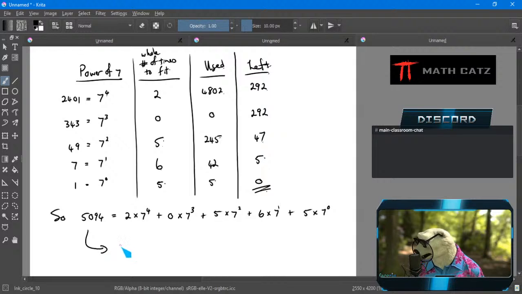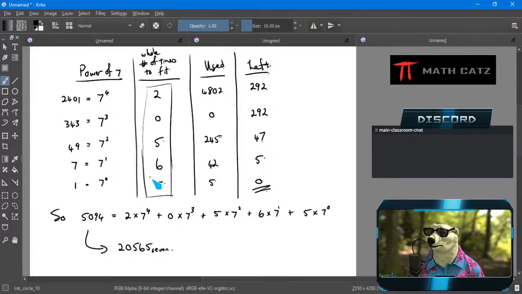Therefore, the base 7 number is 20565 base 7. So it's really this column over here that tells me the place values, but I need to systematically have a way to break up the decimal number.